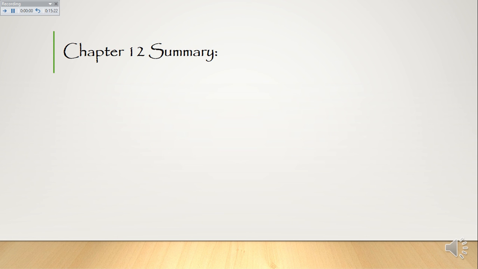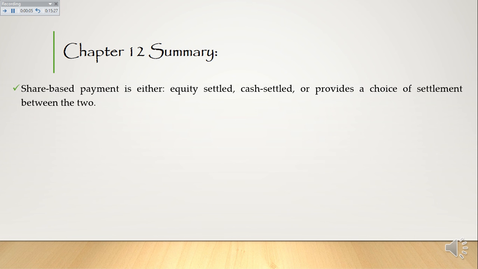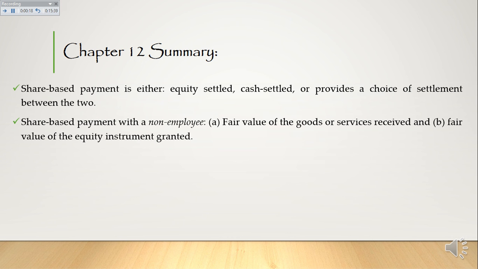Isummary natin ang Chapter 12, Share-Based Payments Part 1. First, a share-based payment transaction is either equity settled, cash settled, or provides a choice of settlement between the two. Next, a share-based transaction with a non-employee is measured using the following order of priority.